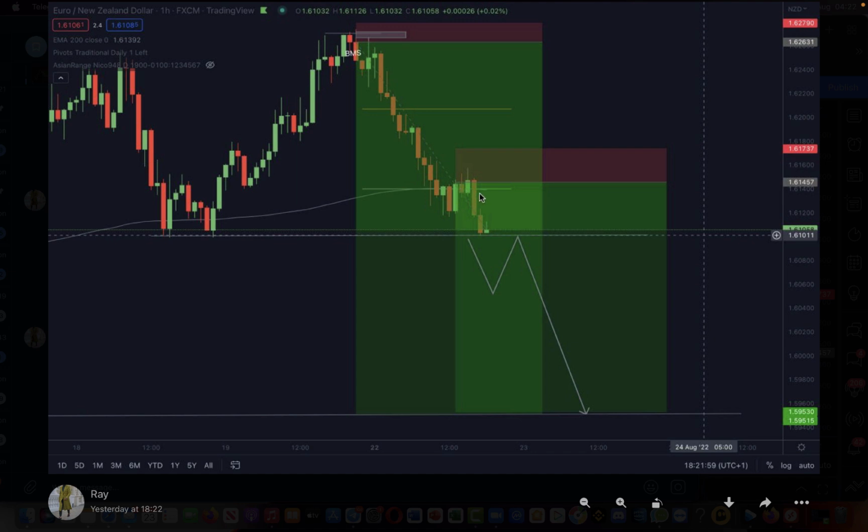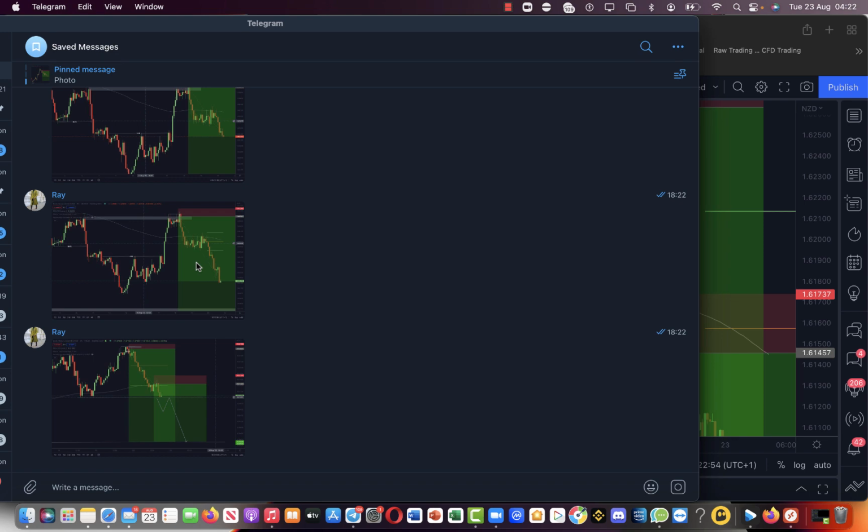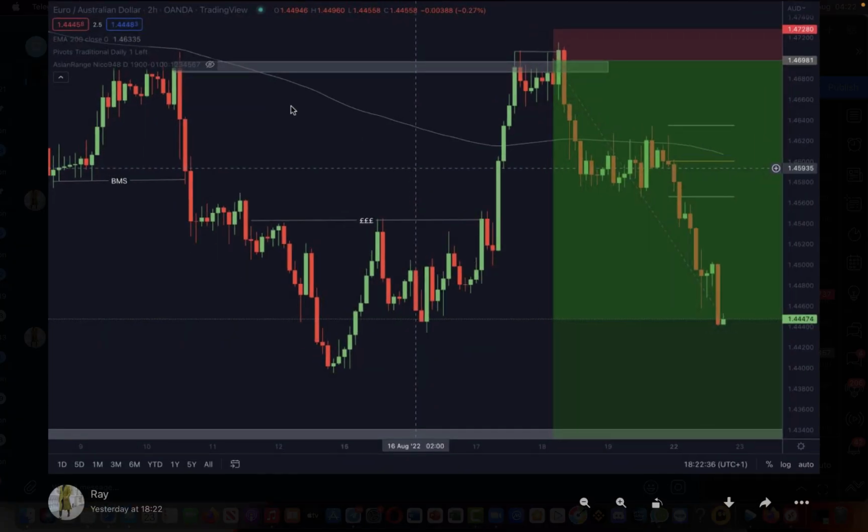So when I took this screenshot, I also do one thing. I also like to use another pair to correlate with the pair that I might be trading at the same time. So this is Euro NZD, right? So let's check what we have on Euro AUD.